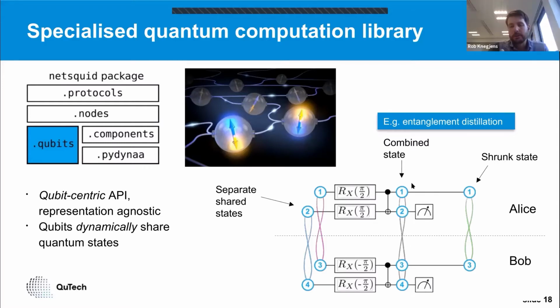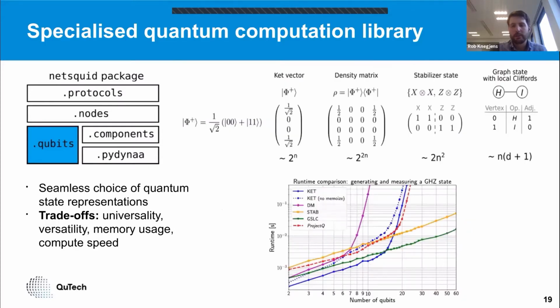At this point, there's a larger state, but then as they're measured, the state shrinks again. In this way, we tailor the states to be as big as they need to be at any time, which, as I'll explain in the next slide, is also more efficient in the quantum networking context.